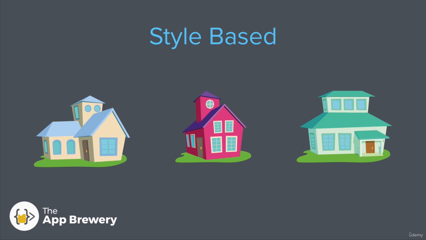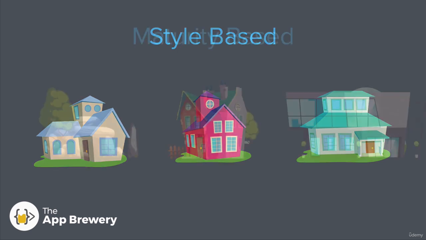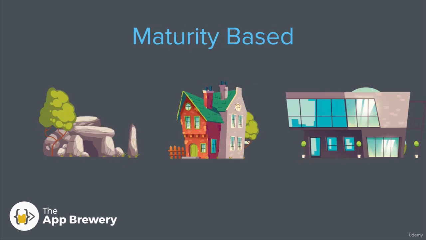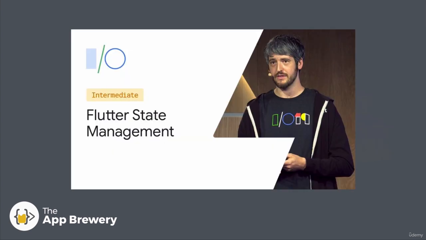And the final thing to remember is that there's also the maturity side to consider. Because Flutter is still quite new and it's growing and evolving, people are still working out what is the best method for managing state. So, for example, if you look at the Google I/O talk this year in Flutter state management, for most people, they recommend to use the provider package.